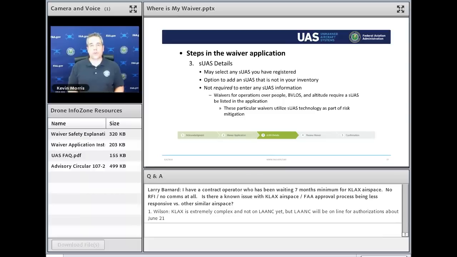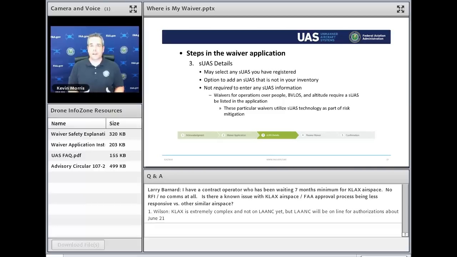However, certain waiver requests are going to need information about your unmanned aircraft system. In particular, operations over people, beyond visual line of sight, or altitude are going to require that you put in a small unmanned aircraft system.